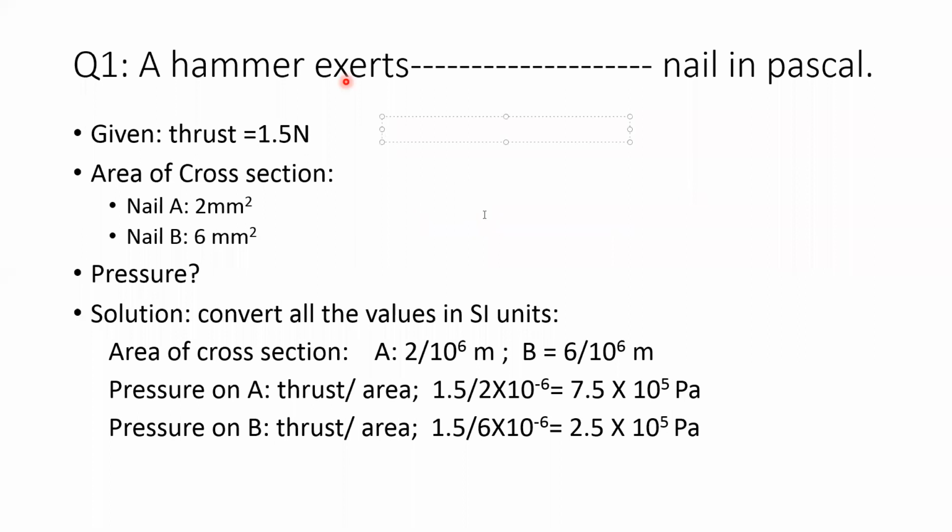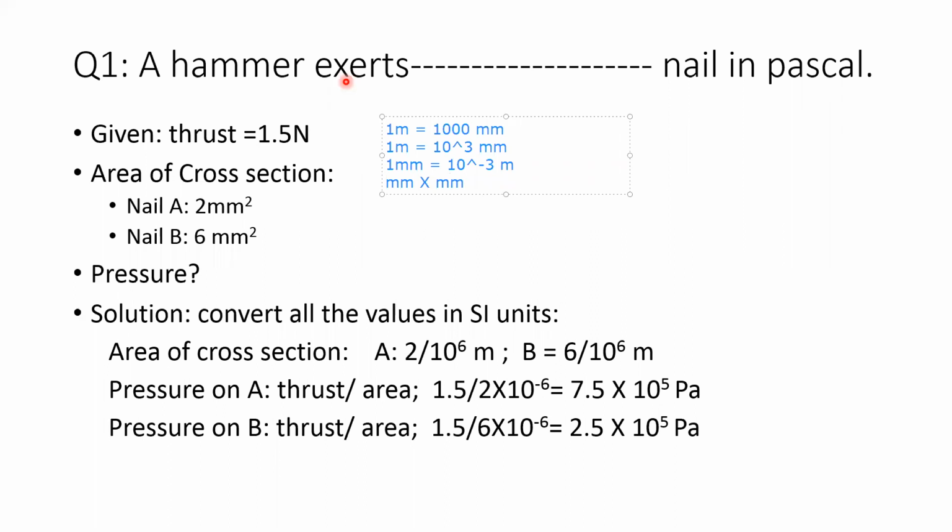See, 1 meter equals 1000 millimeter, or we can say 1 meter equals 10 raised to power 3 millimeter. Or the opposite, we can say 1 millimeter equals 10 raised to power minus 3 meter. Got it? But here we have millimeter square. What is the meaning of millimeter square? Millimeter into millimeter.